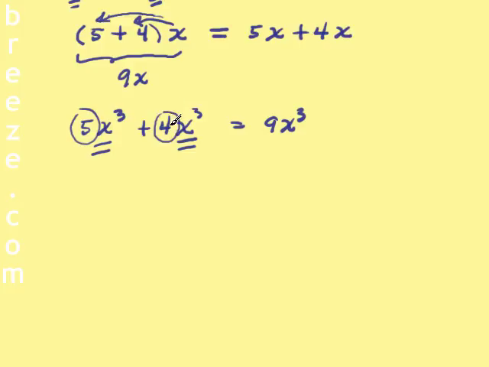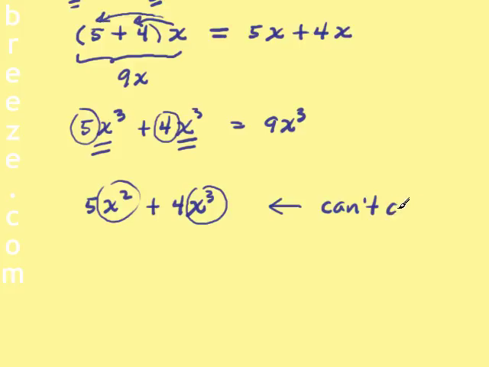coefficients to combine. So let's say we had something like 5x squared plus 4x cubed. All right, these are not like terms because these have different exponents. So basically, we can't combine these. We would just leave it as is.